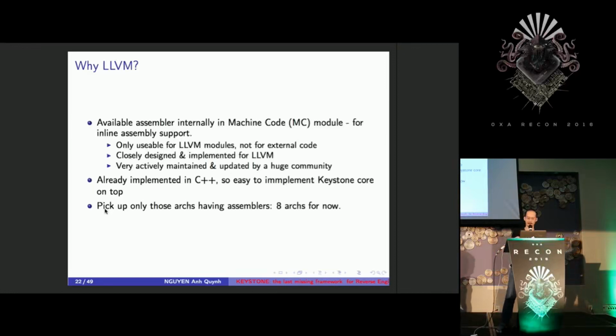And MC is very actively maintained and updated by the community, by all those big CPU vendors. LLVM is already built in C++, so it's easy to build Keystone on top of that. To build Keystone, I just focus on those architectures that have assemblers, and Keystone supports 8 architectures so far.